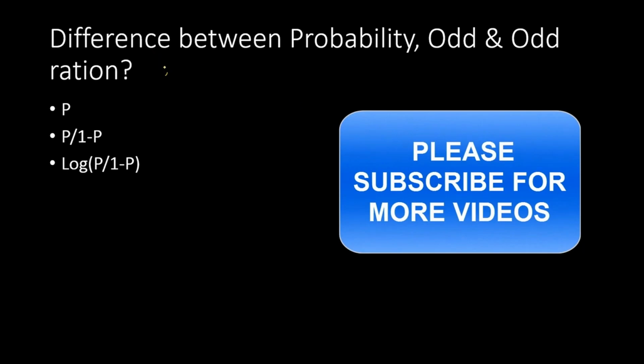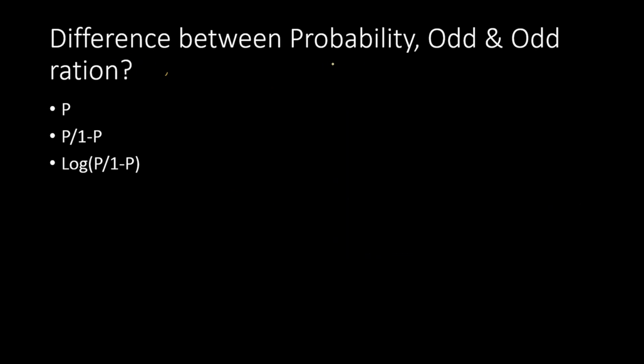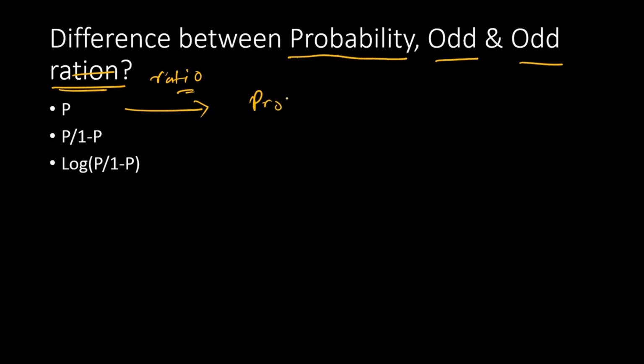One of the questions that is often asked is, what is the basic difference between the three important terms: probability, the odd, and the odd ratio? Probability, in the context of logistic regression, is the probability of an event happening, given different information about the event.